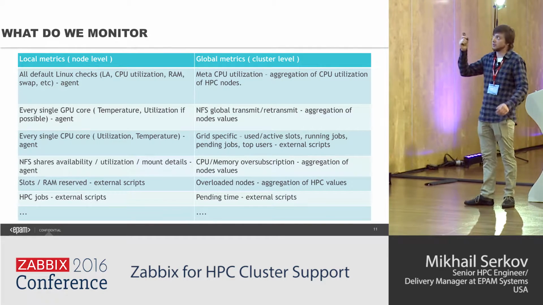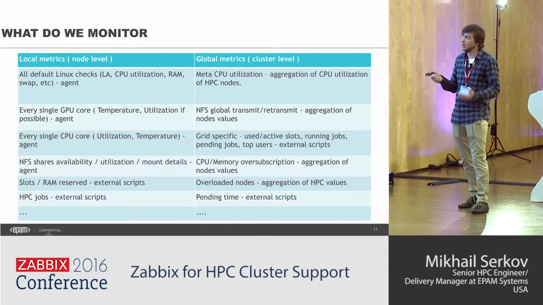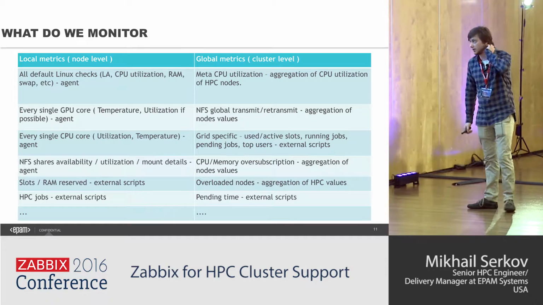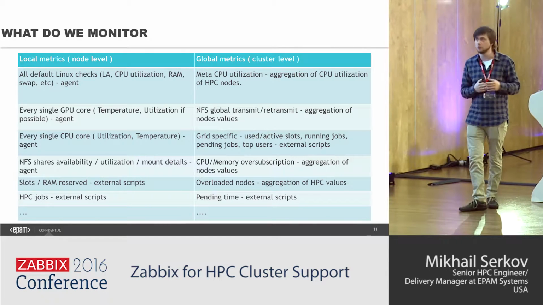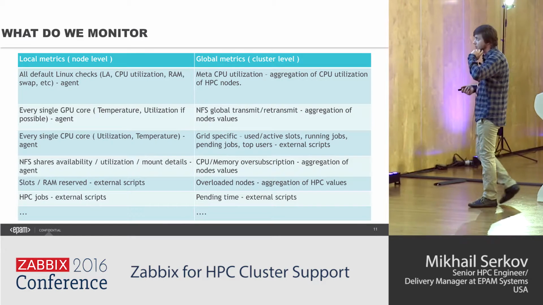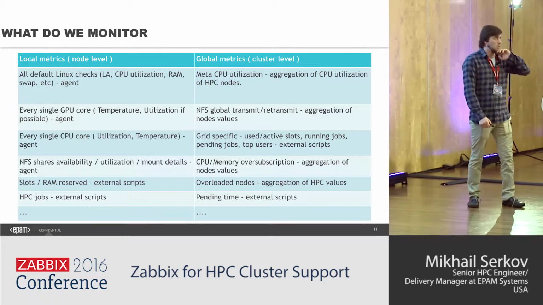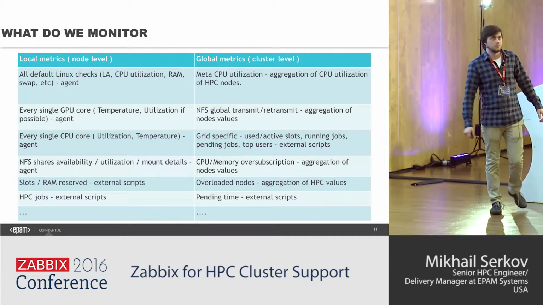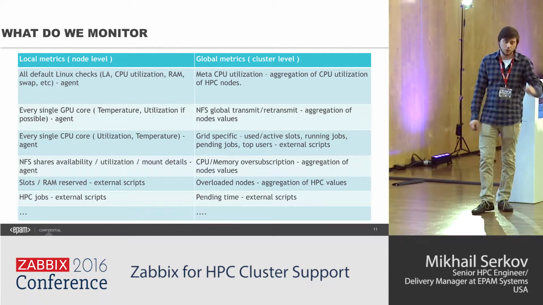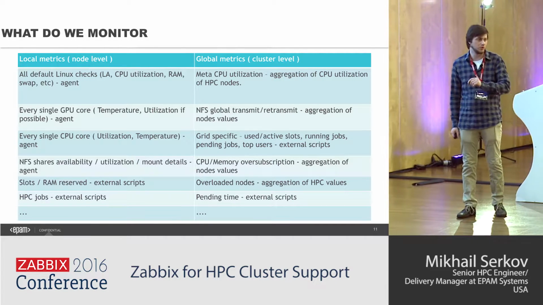Grid specific metrics are everything about slots, running jobs, pending jobs, and all of it in terms of the whole cluster, not a node. CPU memory oversubscription is an interesting thing, because we do know what CPU utilization is supposed to be on a computation node.